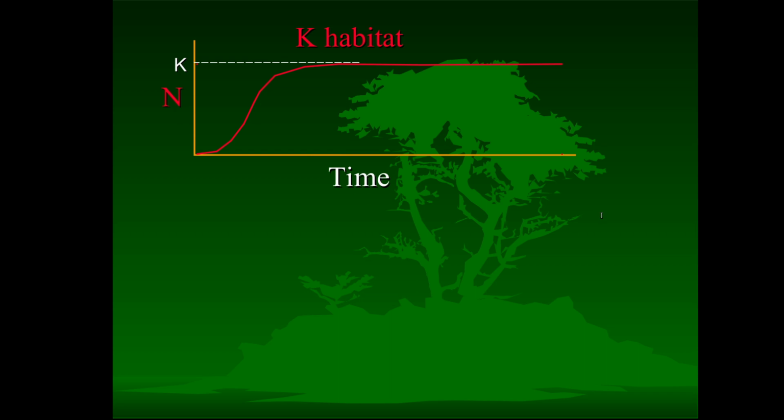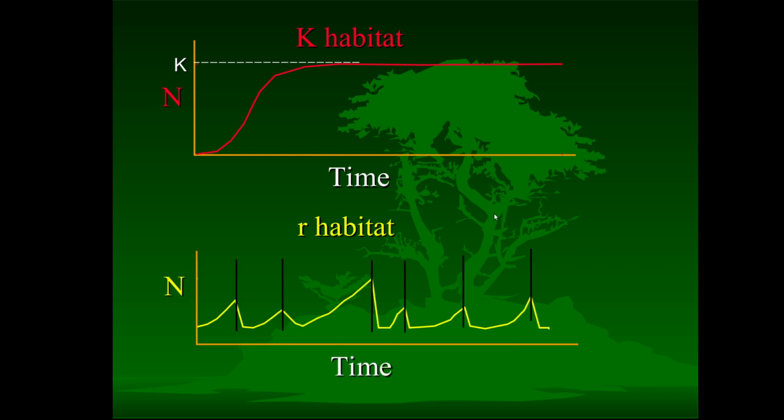So if there are regular density independent factors that decimate the population, then the population is always far from its carrying capacity and will rarely, if ever, reach carrying capacity. This is an r habitat, which selects for an r strategy, namely increasing fitness at low density. Increasing fitness at low density means increasing r at low density.